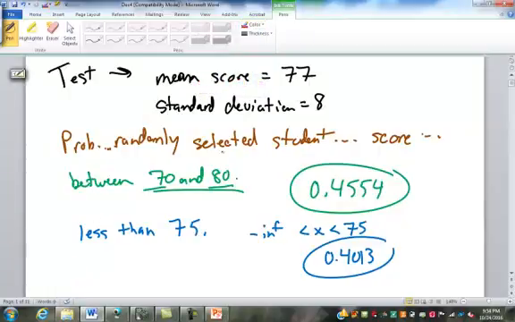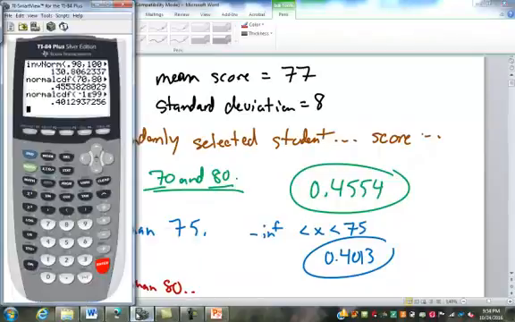How about we find the probability that a randomly selected student has a score greater than 80. So again, this is greater than, I'm just going to put it right in the calculator. Second distribution, normal CDF. 80 would be the lower limit. If it's greater than, the upper limit would be positive infinity.